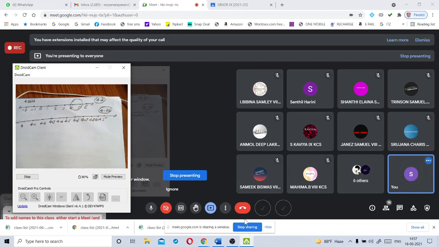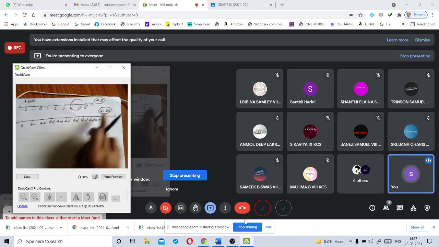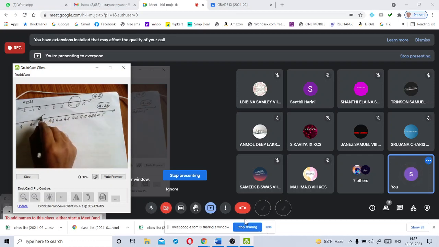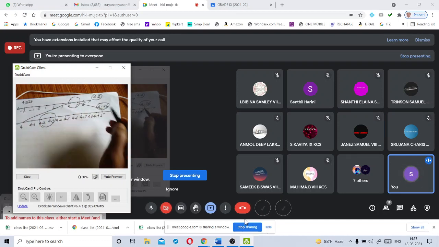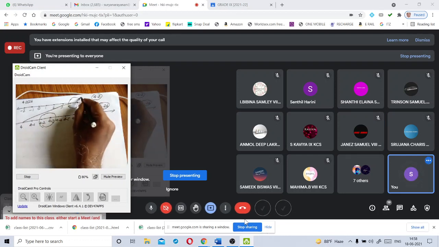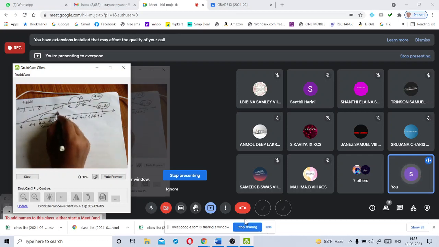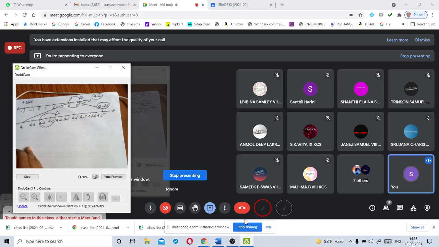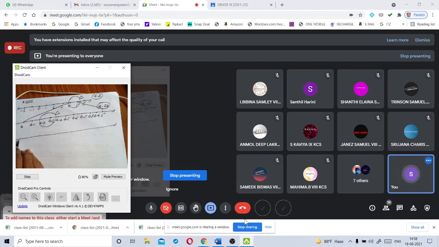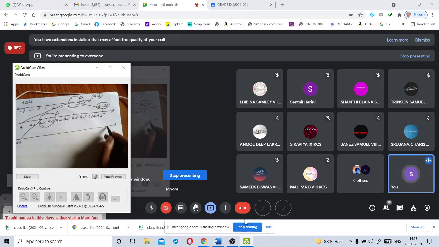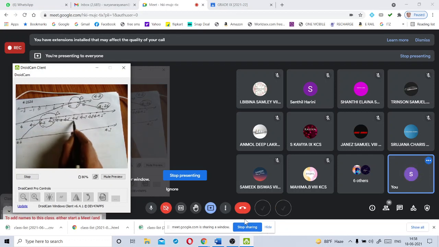4.26. Between which numbers does this number lie? 4.26 lies between 4.2 and 4.3. So we have to magnify that area. This is a magnifying glass. So again at this end 4.2 and at this end 4.3. We are magnifying this area.